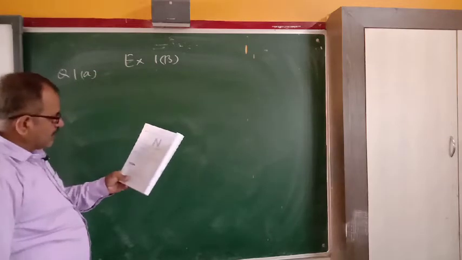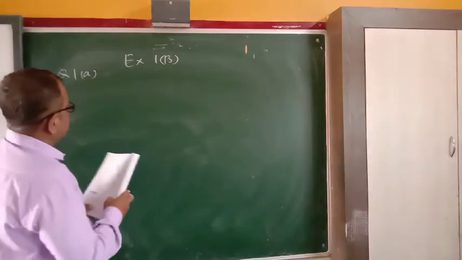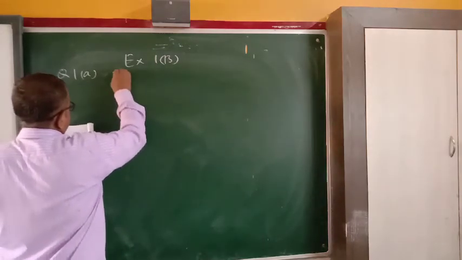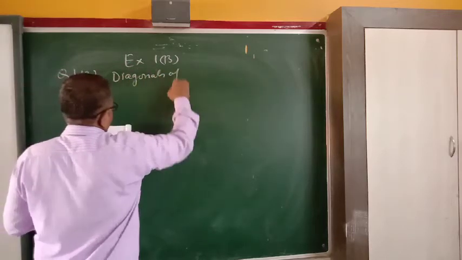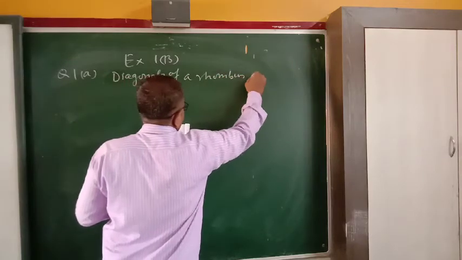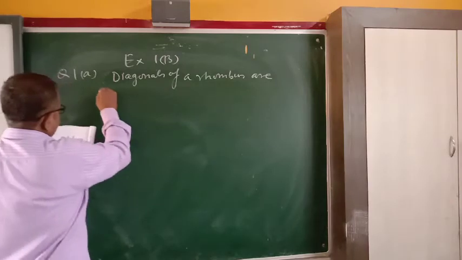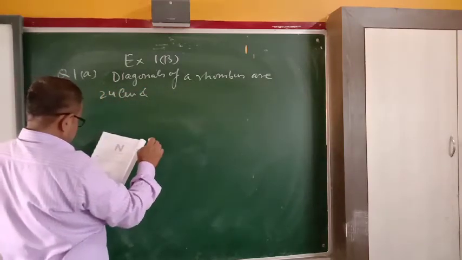The diagonals of a rhombus are 24 cm and 10 cm.